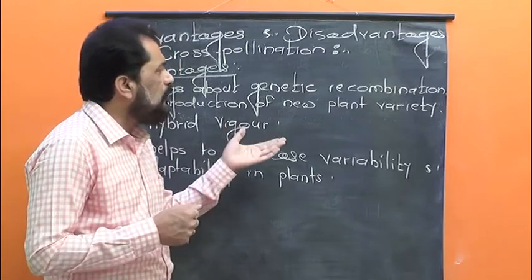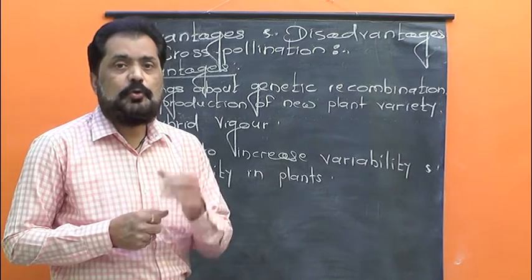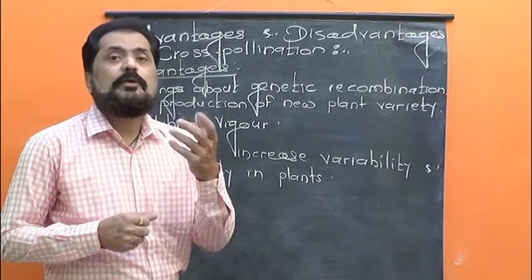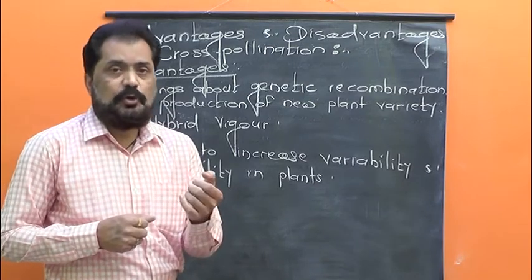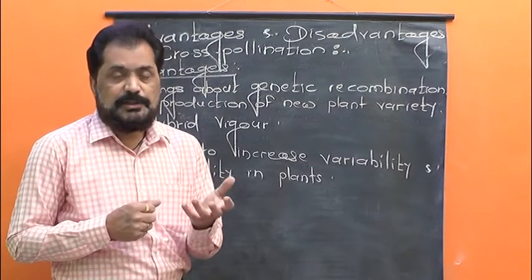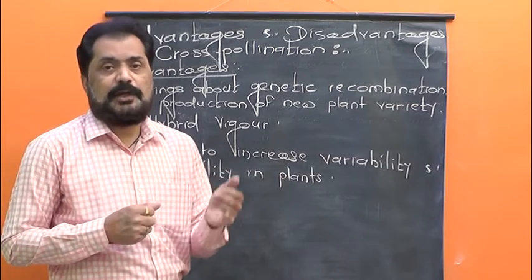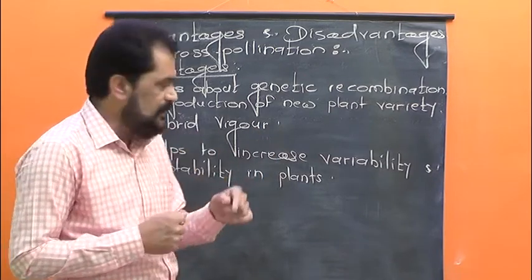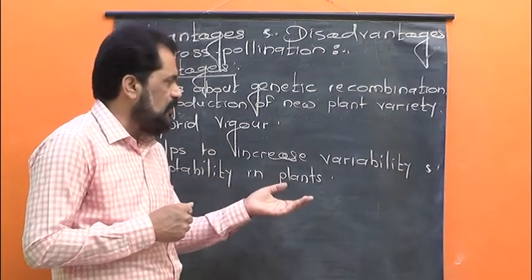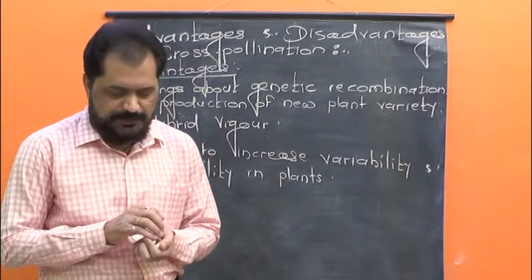And due to the mixing of genetic material, the new offspring produced develop more vigorous, meaning they show great adaptability, or more adaptations to withstand the different adverse environmental conditions. The new variety of plant produced due to cross pollination obviously shows variability and adaptability.